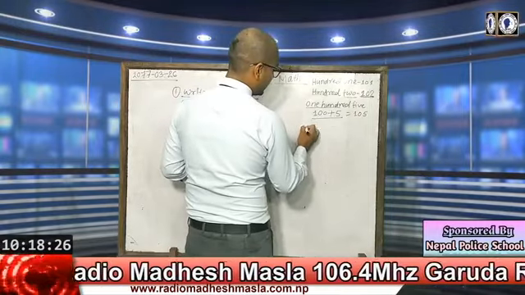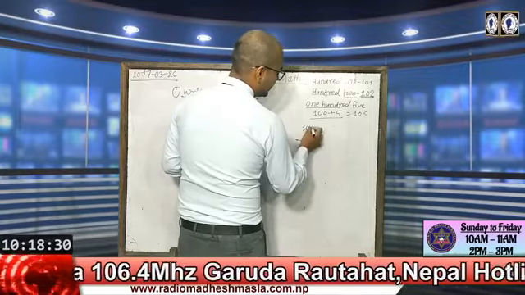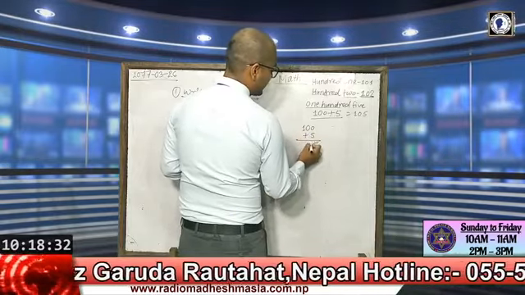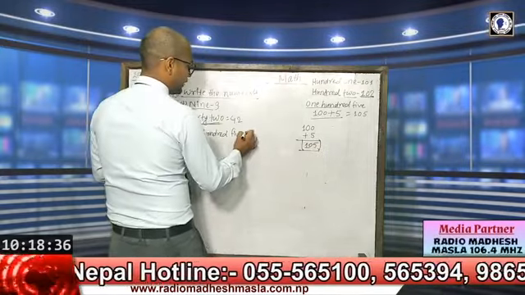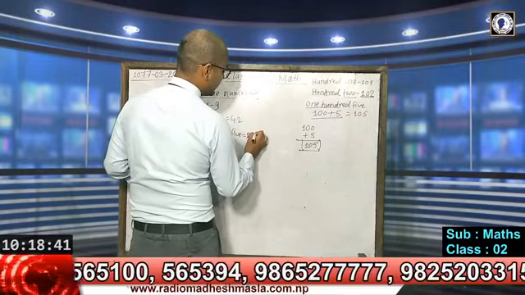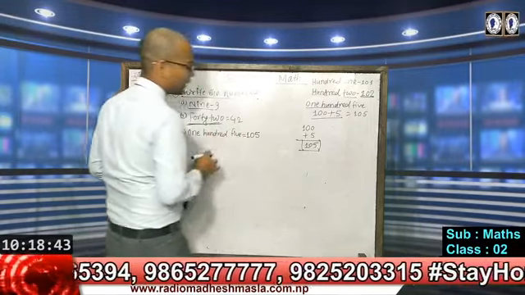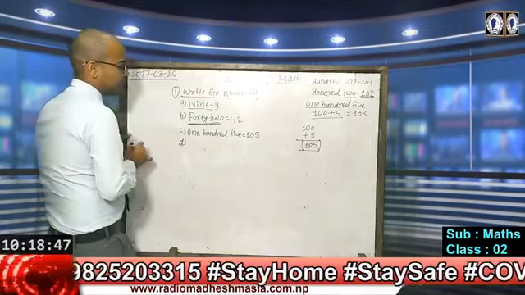We will add like this. Suppose 105, then 0 and 5, then 0 and 1, it means 105. So the numeral for 105 is 105. In the same way, take another example.